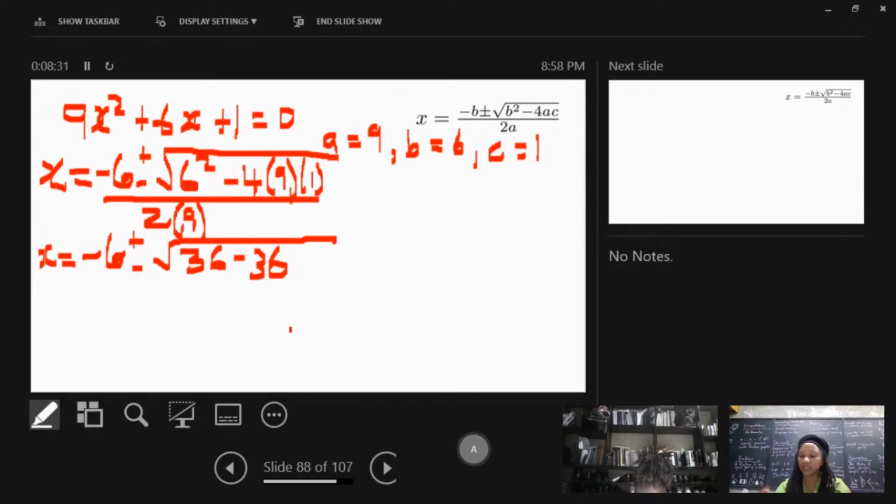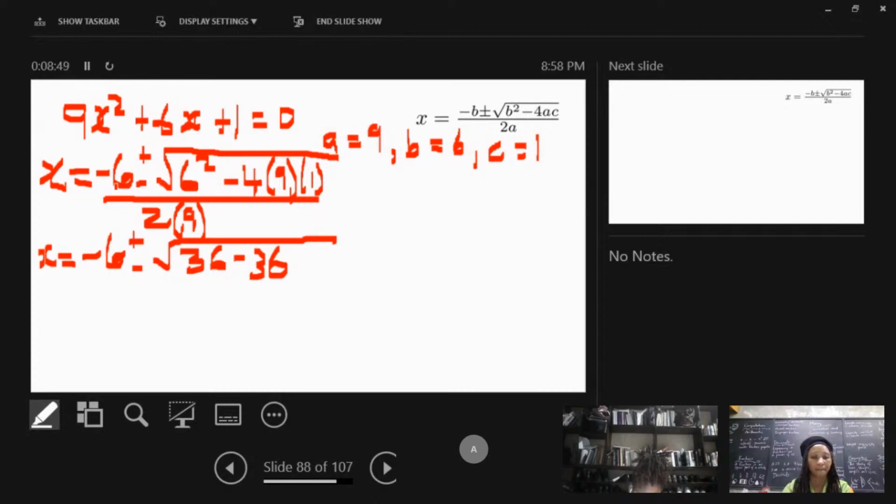Let's retrace our steps first. So we have 9x squared plus 6x plus 1. A is 9, B is 6, C is 1.